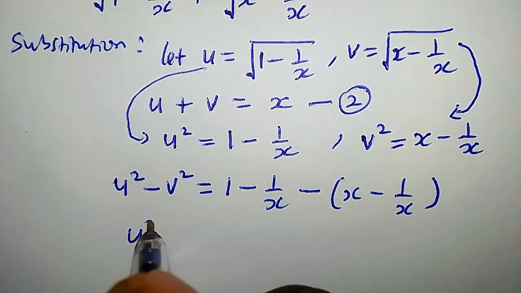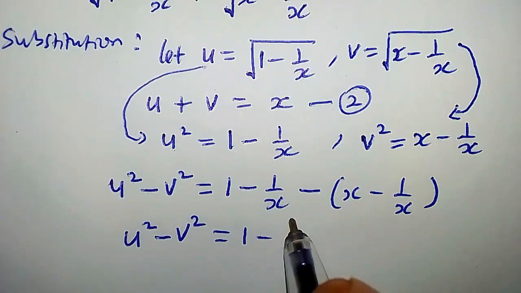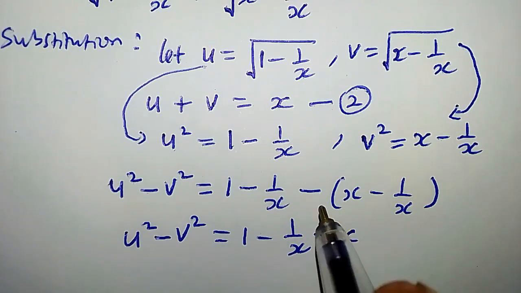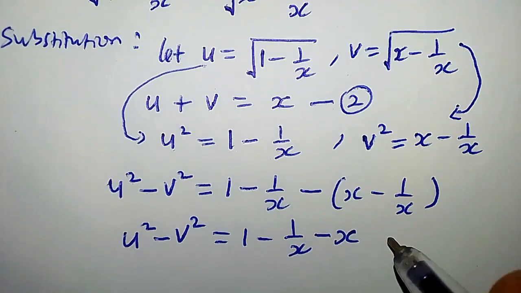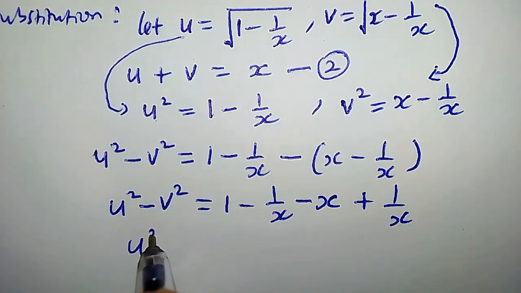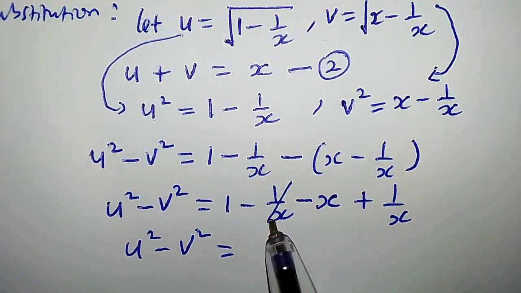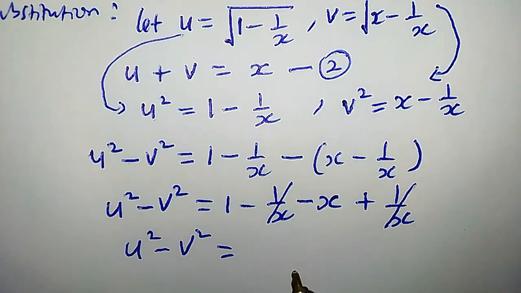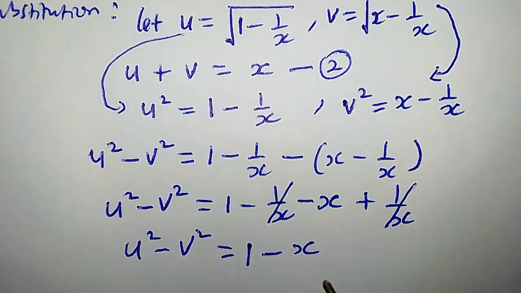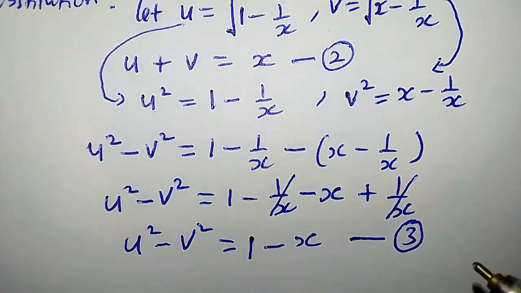So we have u square minus v square equal to 1 minus 1 over x minus x minus minus 1 over x, plus 1 over x. So we have u square minus v square equal to minus 1 over x plus 1 over x, that is 0. We are left with 1 minus x. Let us call this equation 3.